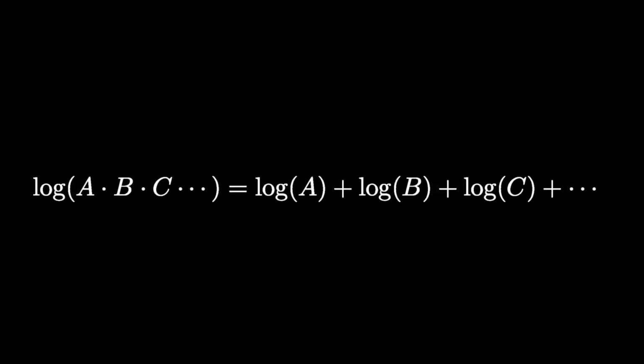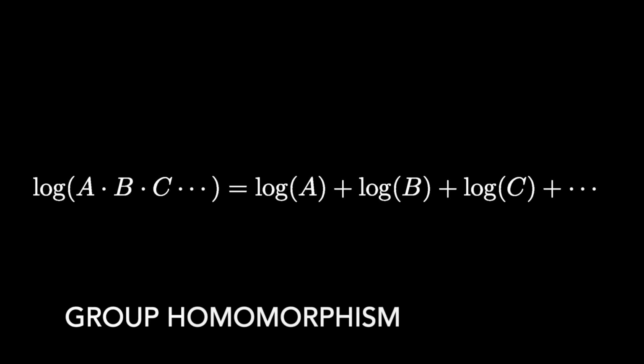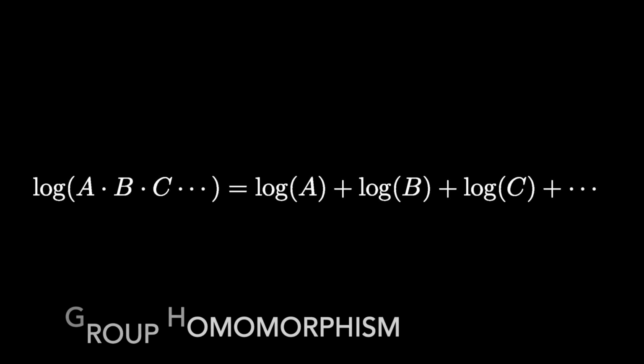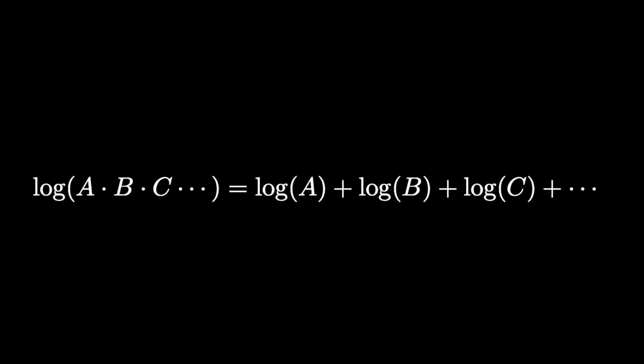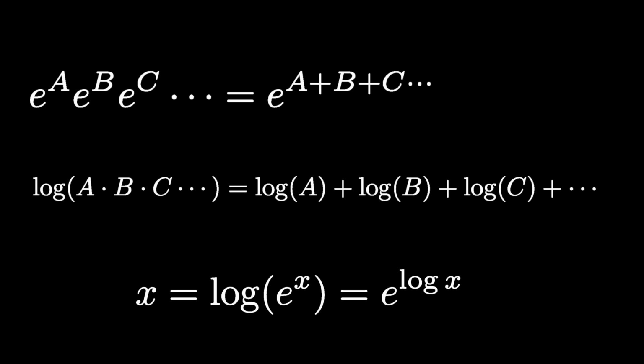What's nice about the logarithm is that it's a homomorphism, in other words, it preserves the group operation, and it's an isomorphism, which means that it maps elements of one group to elements of another group. The logarithm and the exponential function, which are inverse functions to each other, are homomorphisms that let you go back and forth between the operations of addition and multiplication.